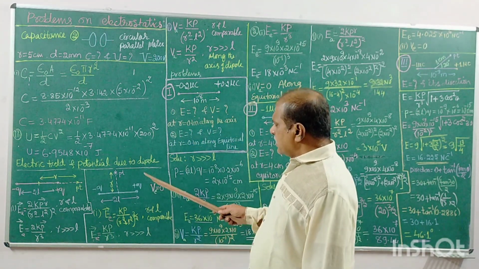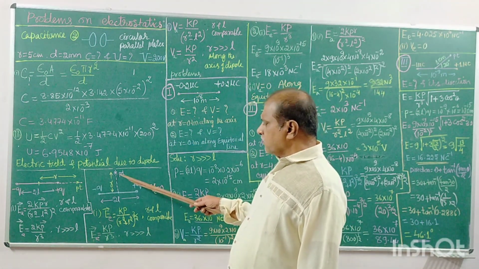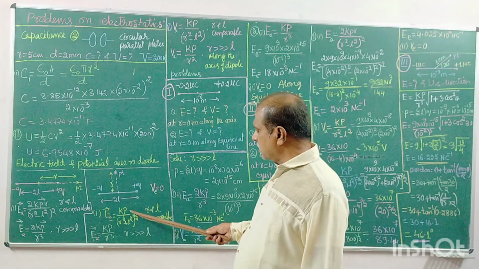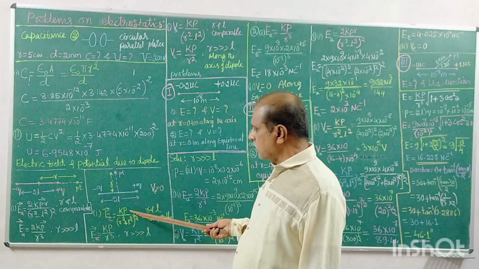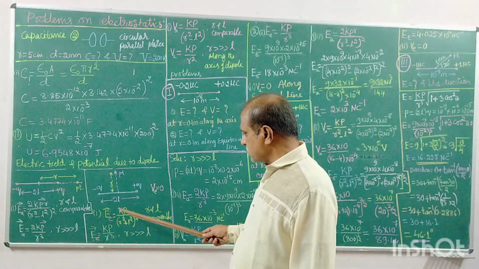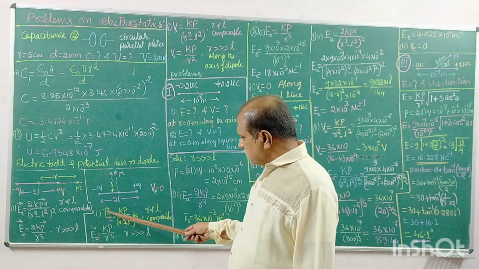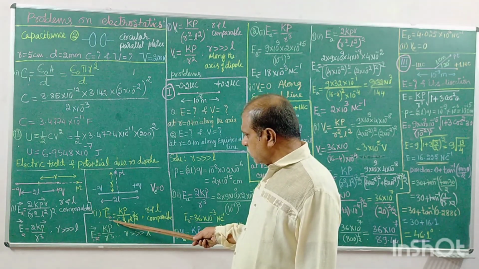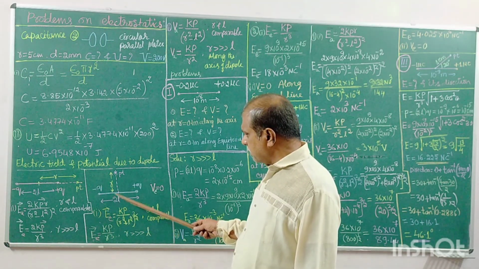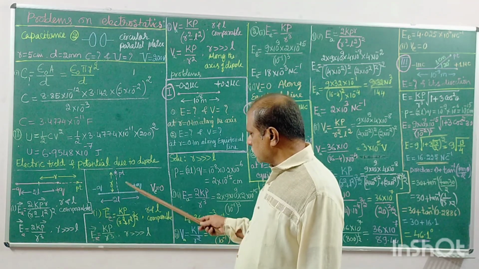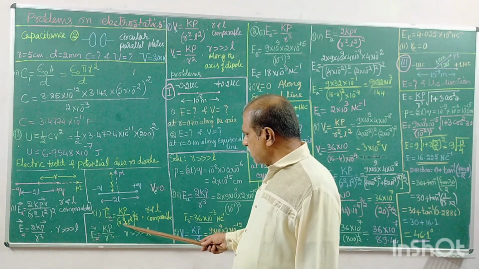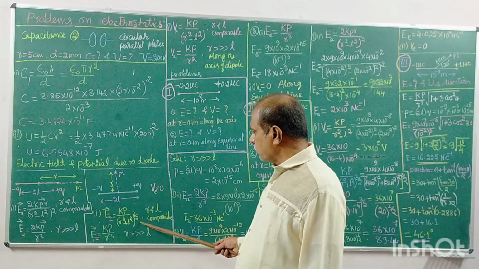Now, if the point is along the equatorial line, the equation we derived in the previous classes is Ee, the electric field due to the point along the equatorial line. This small e stands for equatorial line. The equation is kp divided by (r square plus l square) to the power of 3 by 2.